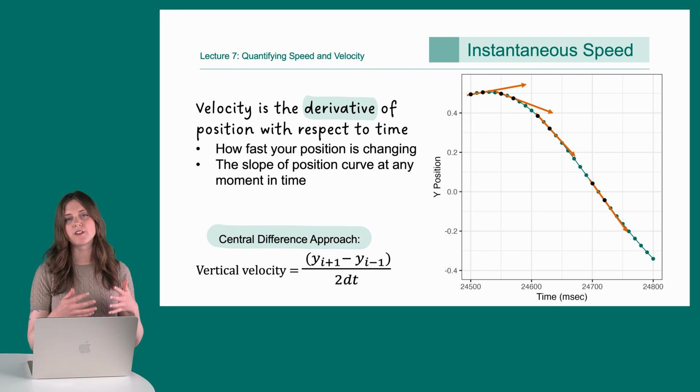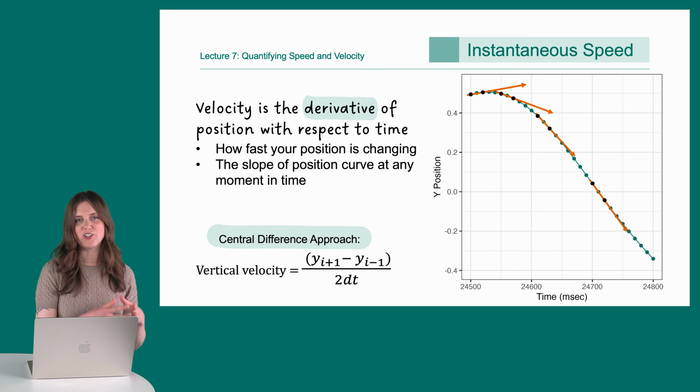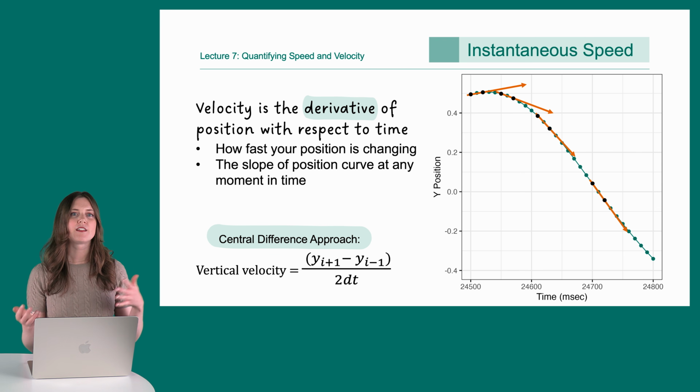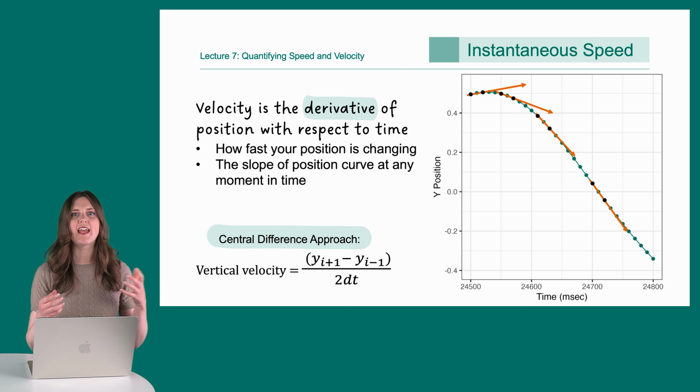Whereas the forward difference approach allows us to estimate velocity between points, the central difference approach allows us to estimate velocity at each time point. Because the central approach looks both forward and backward, it is a better estimate of the true slope and reduces bias or error from calculating in only one direction.